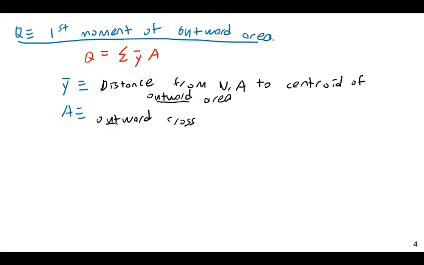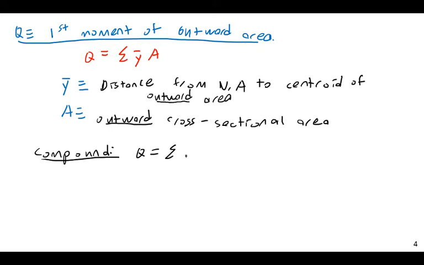That's important. And if you have a compound shape, we'll look at this in further detail later on. Q is simply equal to the summation of the individual Q's if you have a compound shape.